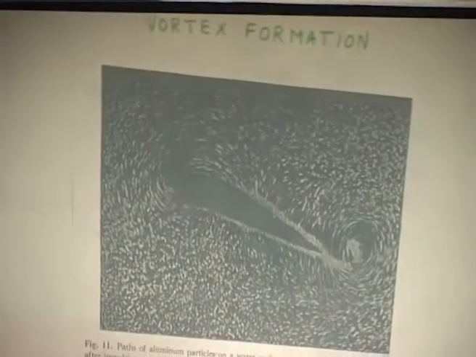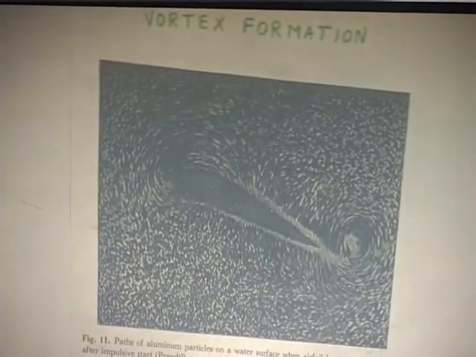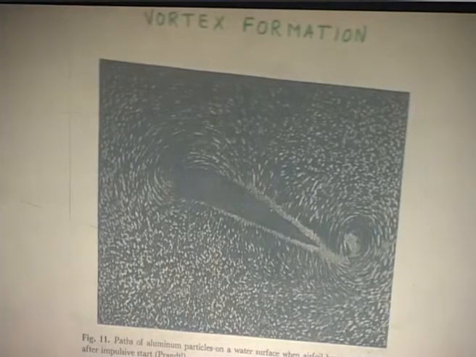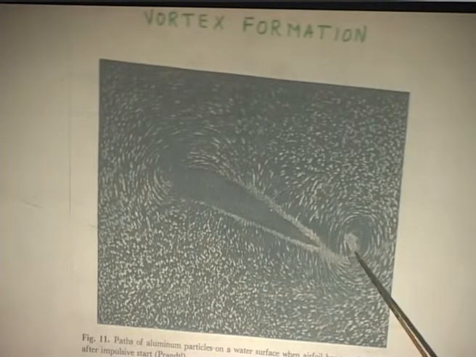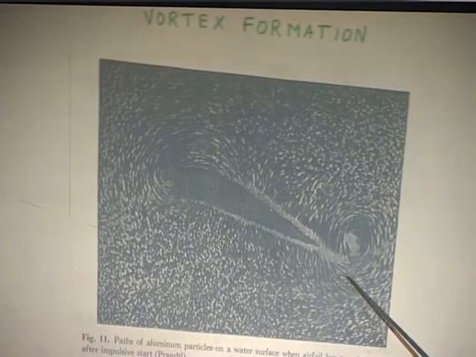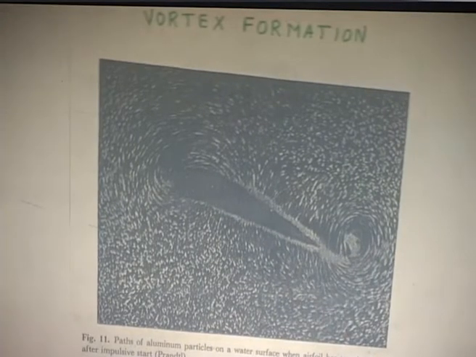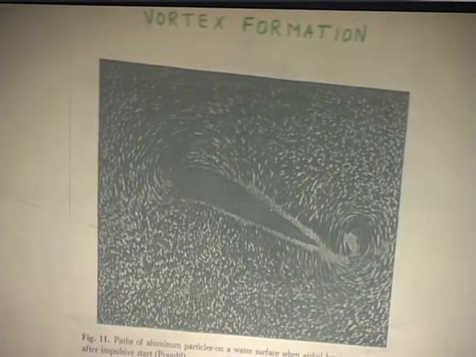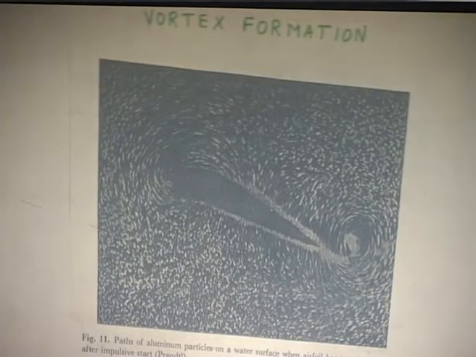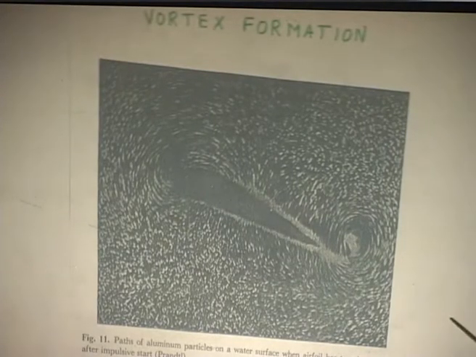Then what happens? A vortex starts from the trailing edge, and this is the starting vortex. You see, the direction is like this, and there should be another bound circulation which will come over the aerofoil. One is the shed. Now, this is what is shed.